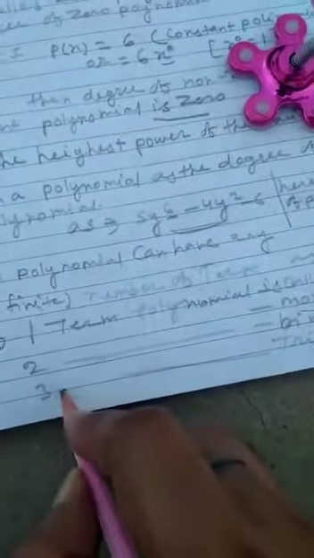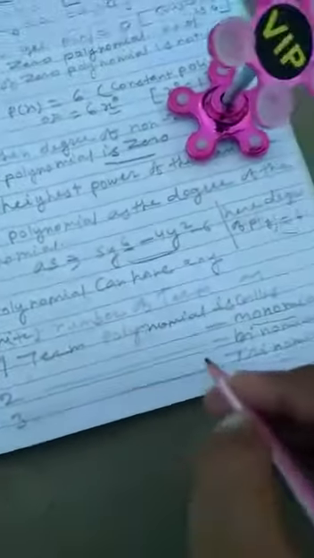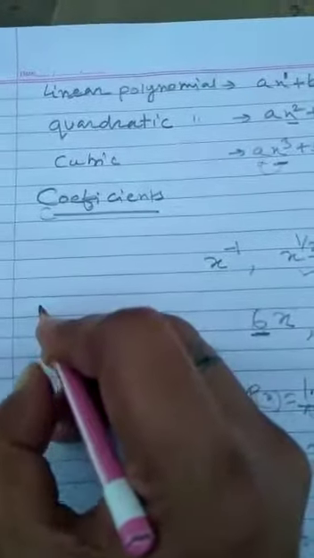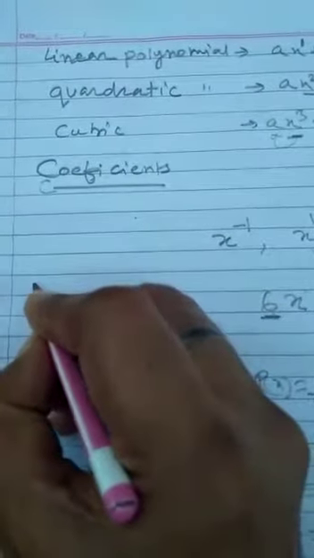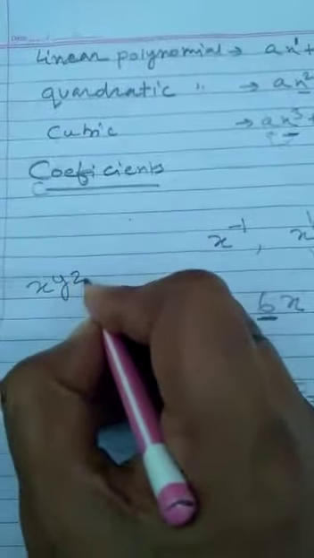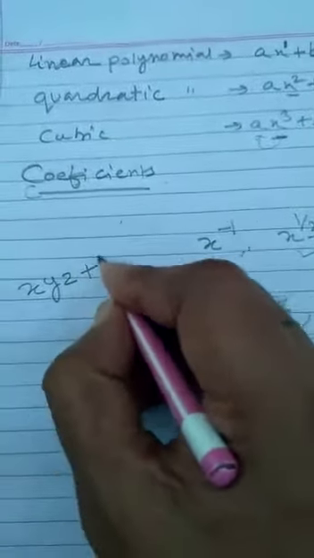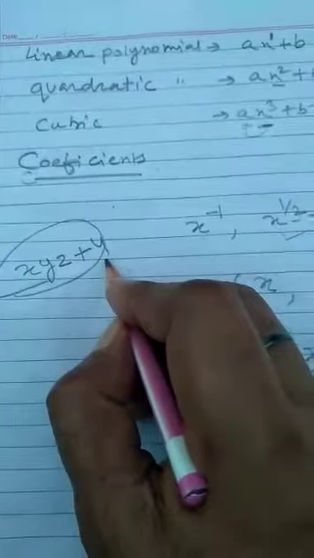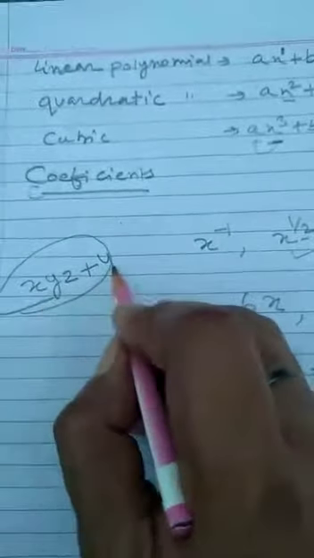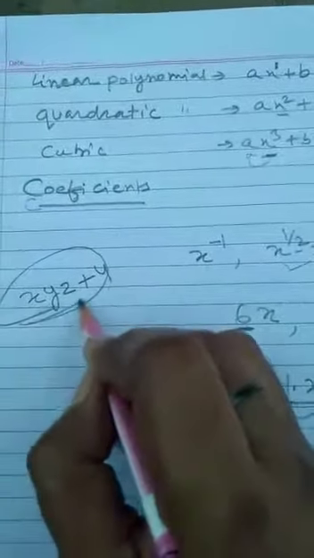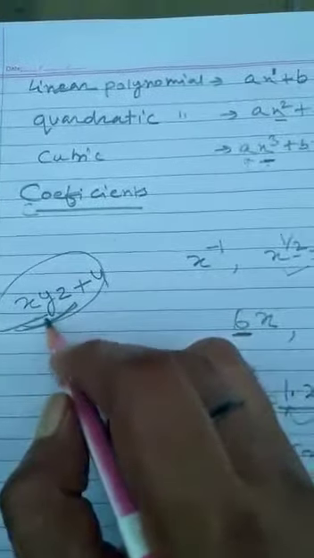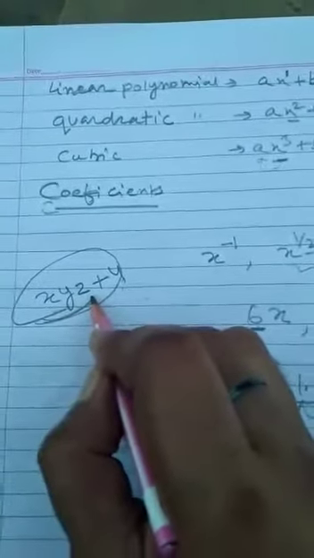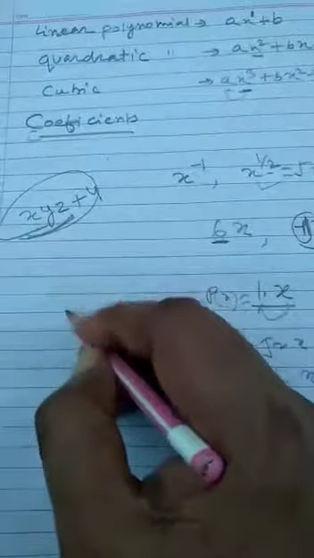If it has three terms, then it will be called a trinomial. Let us take an example, xyz plus 4. This is a binomial because it has two terms. This polynomial is an example of three variables. Clear?